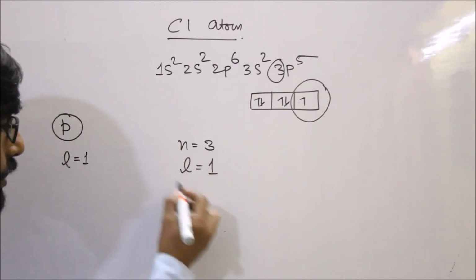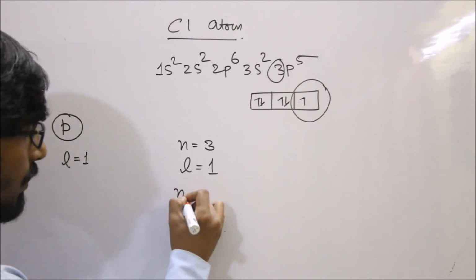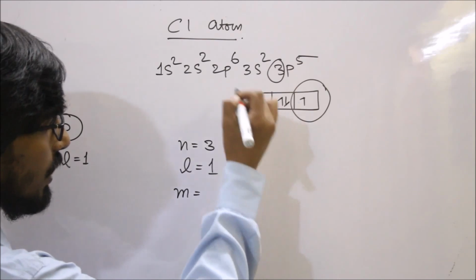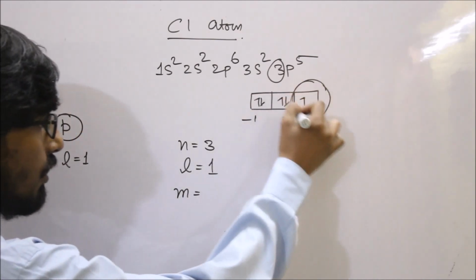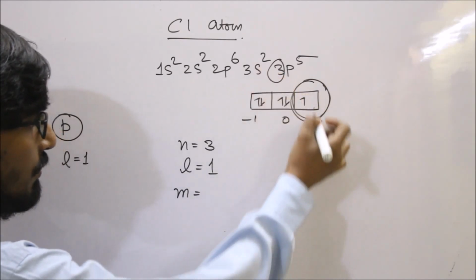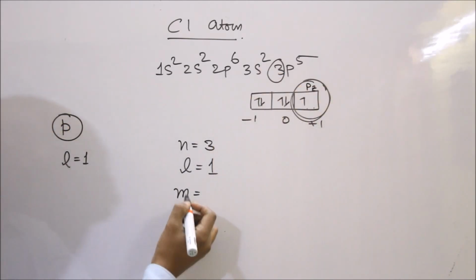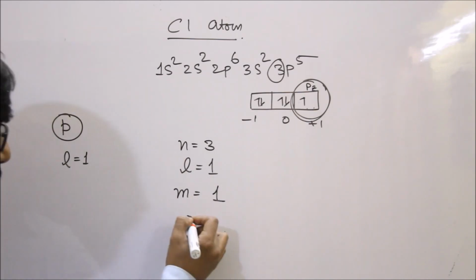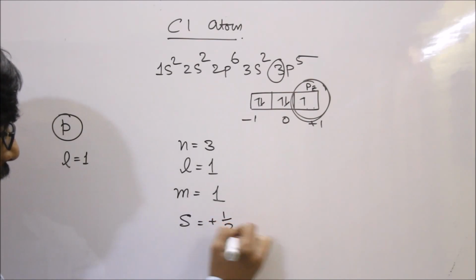Now n equals 3, L equals 1, and the magnetic quantum number is considered as -1, 0 and +1. Now the electron is present in the pz orbital, so the value of m will be 1, and the spin quantum number will be plus half.